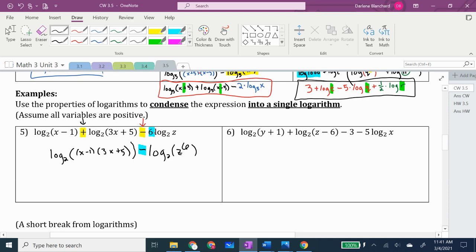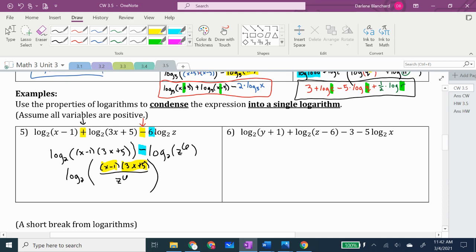And so I can use the rule where subtraction of two logarithms turns into division inside one logarithm. You can choose to multiply these two factors together, but you do not have to do that.